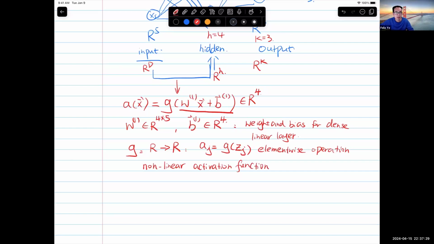There are multiple choices for this activation function, and these are very popular. Let me give you some ideas. The choice of g varies. A very popular one is the ReLU function: ReLU of x is equal to the maximum of 0 and x.